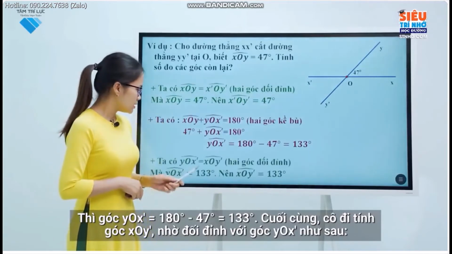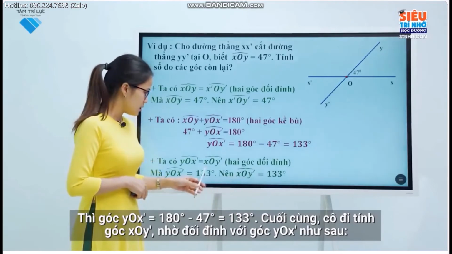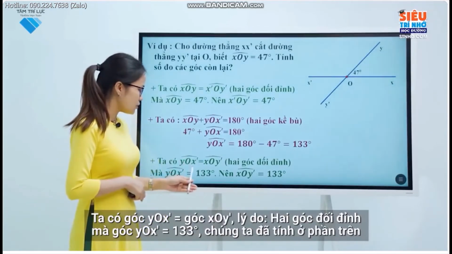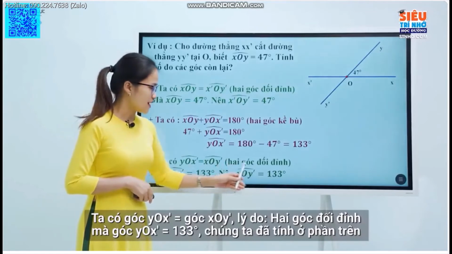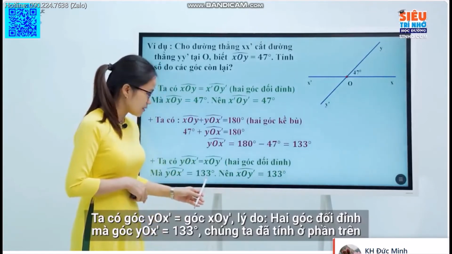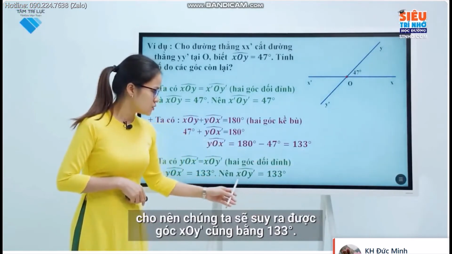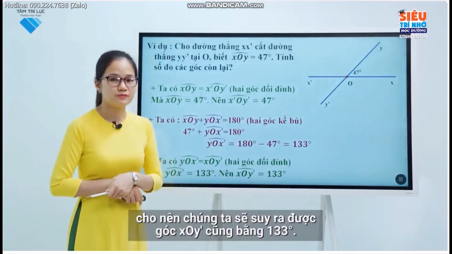Finally, I can measure angle XOY' equals 133 degrees because it is vertically opposite the angle YOX'. We have angle YOX' equals angle XOY', reason: two vertical angles. We measured that angle YOX' equals 133 degrees, so angle XOY' equals 133 degrees.